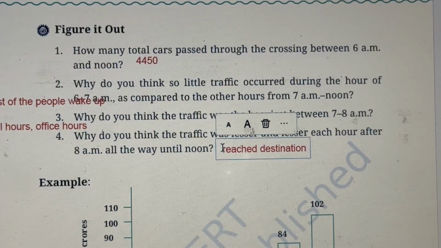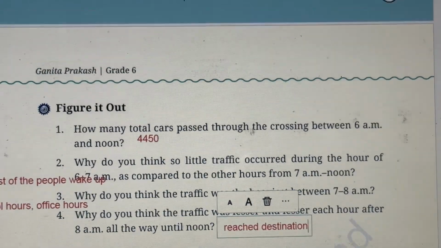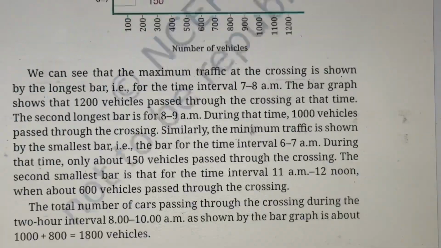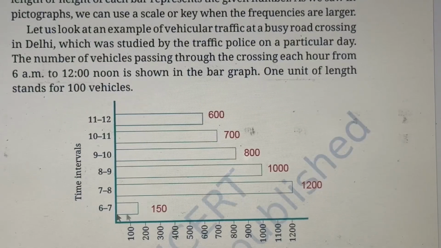I'll just show you the graph again. Right, you can see that this is the time when people wake up, are getting ready. So 7 to 8 maximum people go for schools and offices. Then some people might have to go far, so they have started a little early, maybe. So slowly it is reducing because it depends on their office hours.